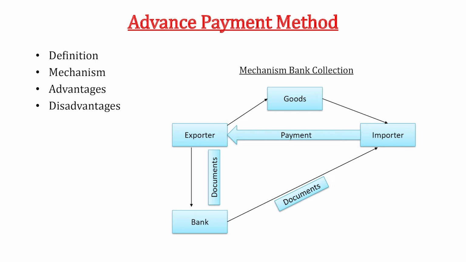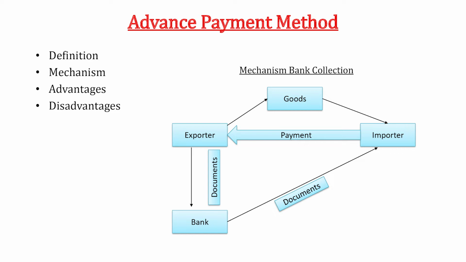Normally in this case, advance payment is used by the exporter to manufacture the goods. The exporter will send the goods and give the documents to the bank, and the bank will send the documents directly to the importer, because there is no risk at all for the exporter, but the importer is taking high risk.